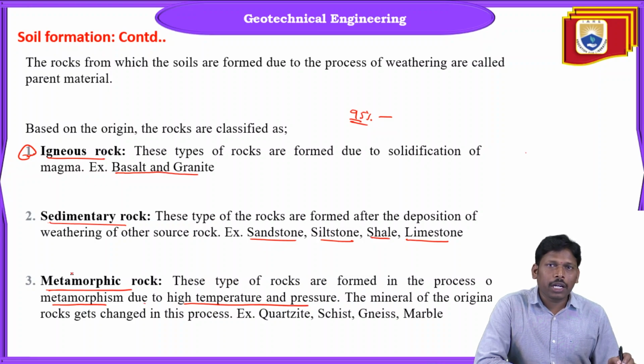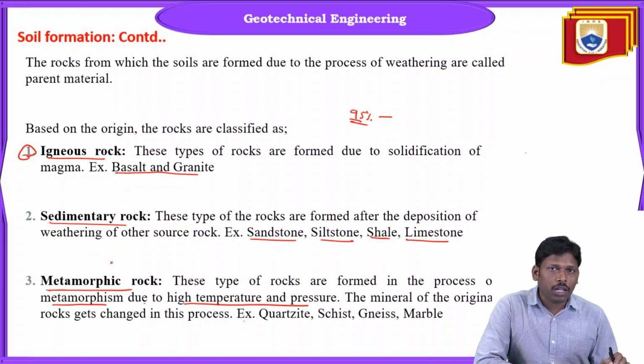When it is getting separated from the previously existing rock, maybe igneous or sedimentary, that process is called metamorphism. This metamorphism occurs due to very high temperature and pressure. The final rock we get due to this phenomenon, we call a metamorphic rock. The minerals of the original rocks get changed in this process.